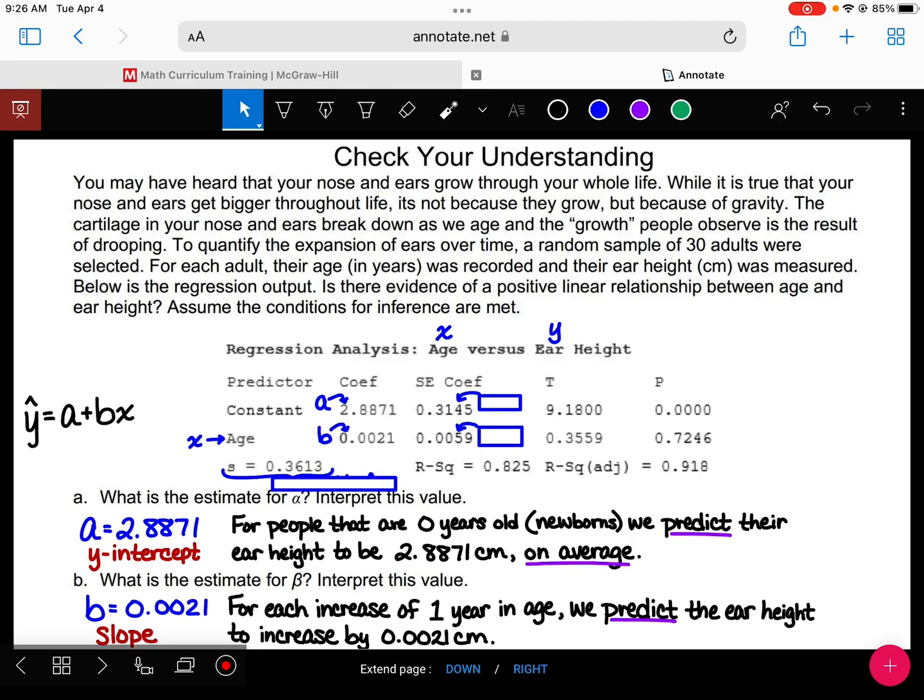These other pieces of information that I have labeled up here, it says SE coefficient. Well, here's where I have A, the constant.